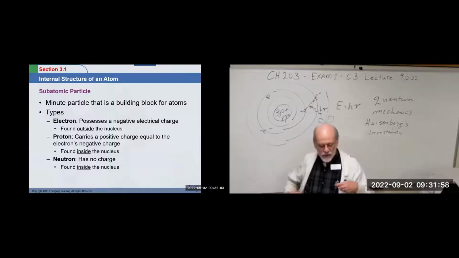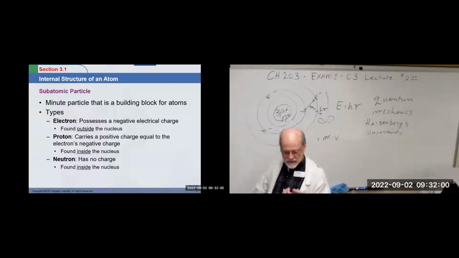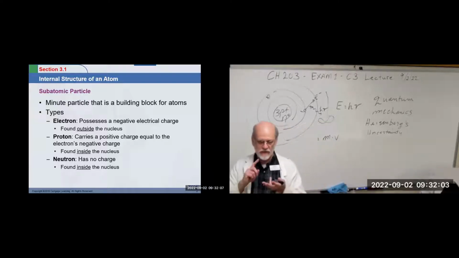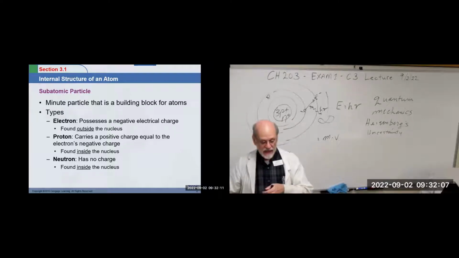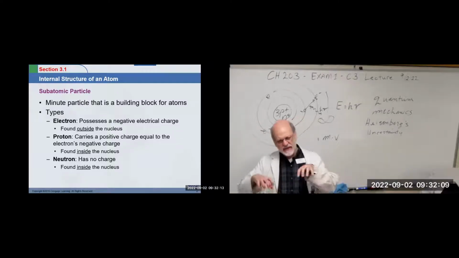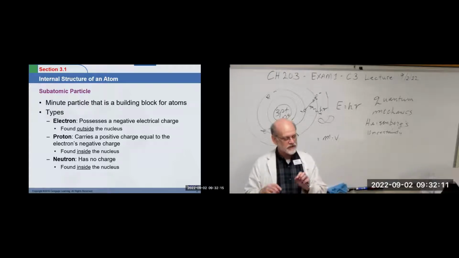Okay, so now we know that atoms are made up of protons, the positive ones, electrons, the negative ones, and neutrons, no charge. And the proton and the neutron are essentially the same mass. The neutron is just slightly heavier than the proton.